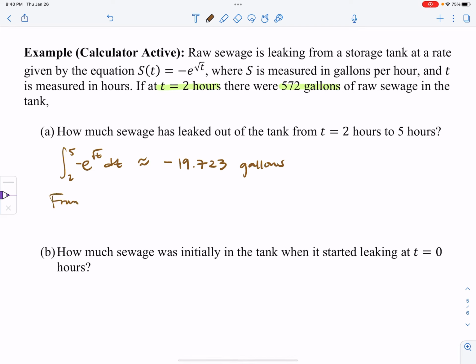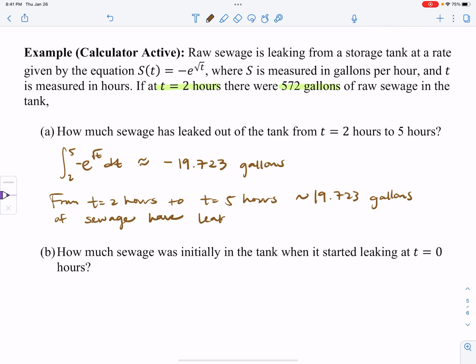From t equals 2 hours to t equals 5 hours, approximately 19.723 gallons of sewage have leaked out of the tank.